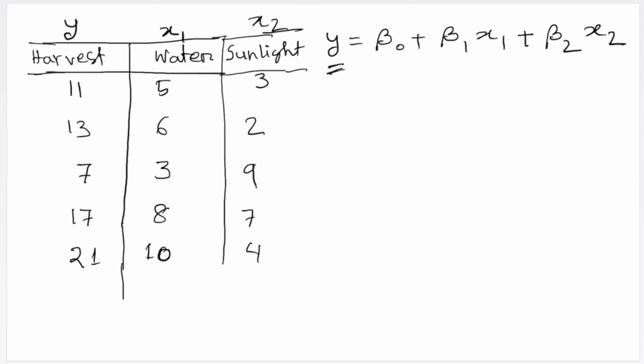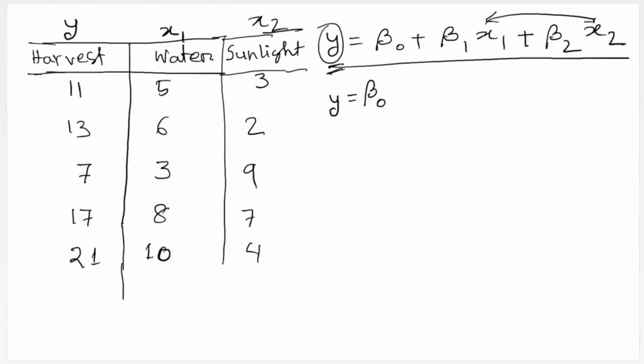So this is still a linear equation. We have two independent variables right now, and we have one dependent variable. For three independent variables, our equation would look like y is equal to beta naught plus beta 1 x1 plus beta 2 x2 plus beta 3 x3.